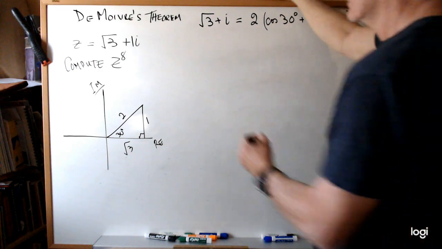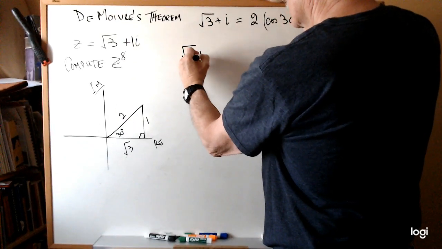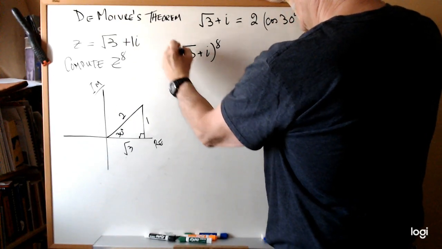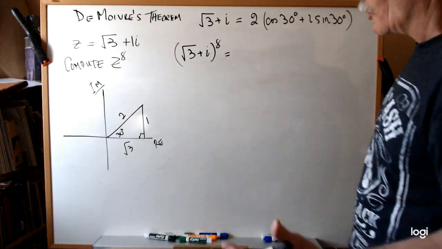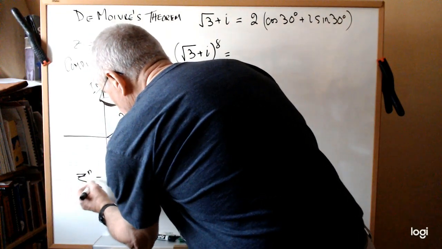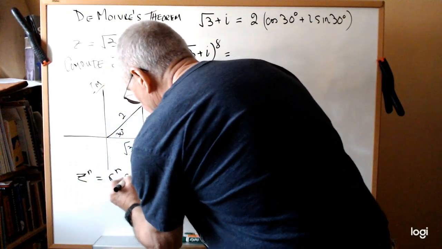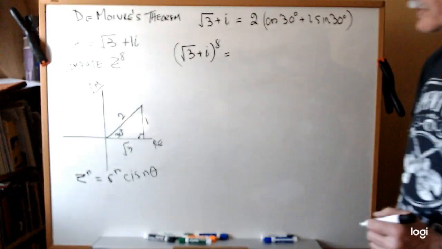Okay, so now what I want to do is raise this to the 8th power. And the rule is what we just talked about. Let me write it down again. z to the n is r to the n cis n times theta.